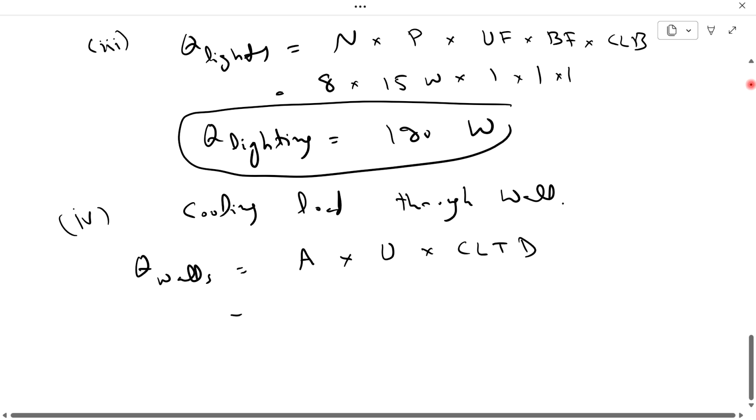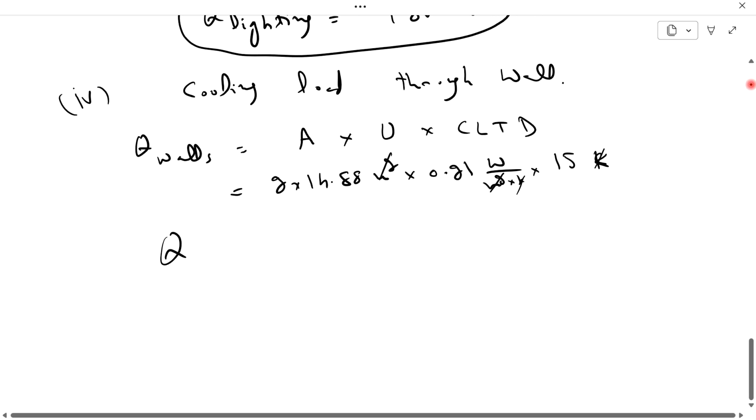So area for two walls is 2 multiplied by 14.88 square meter. There is no heat transfer from the other two walls. Overall heat transfer coefficient is 0.21 watt per meter square per Kelvin. Temperature difference is 15 degrees centigrade and we can write this difference as 15 Kelvin. Kelvin will be cancelled with Kelvin, meter square will be cancelled with meter square. So Q through walls is equal to 94 watt and this is sensible.